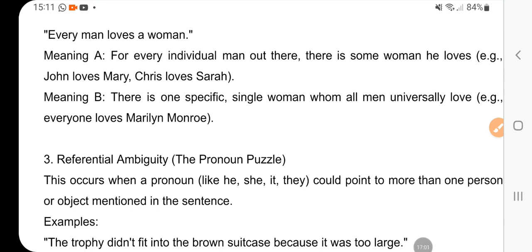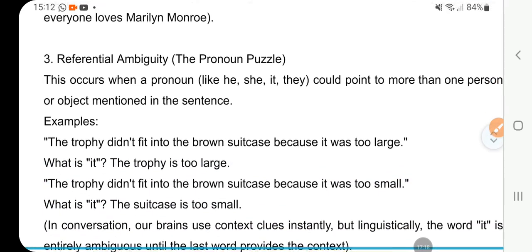Or every man, Tom, Dick, Jerry, has Ina, Mina, Diga. They are in pairs. Not clear, right?